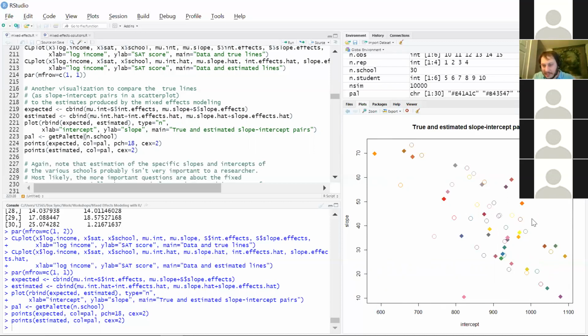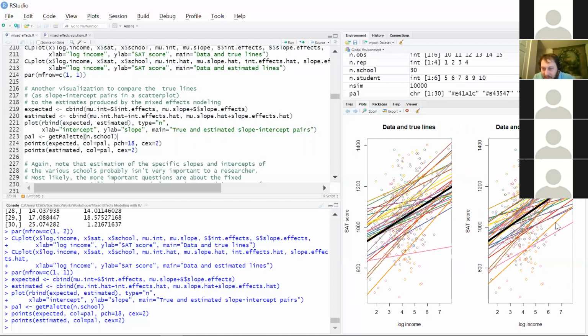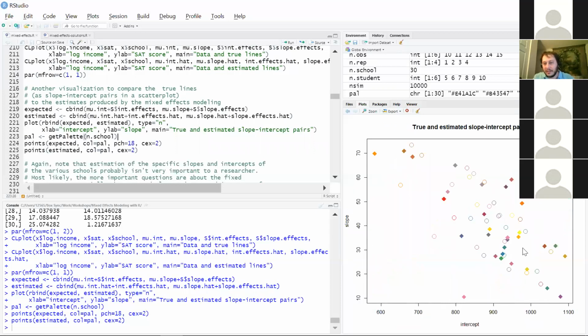Because it's hard to look at this picture and say, oh, this orange line kind of looks like a decent estimate of this orange line, but it's kind of cluttered. So this is just another way of trying to look at that. And actually, this was more of a sanity check also for making sure that the optimization was actually working within the lmer function.